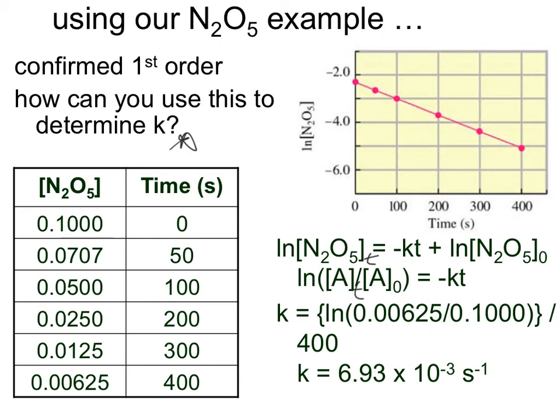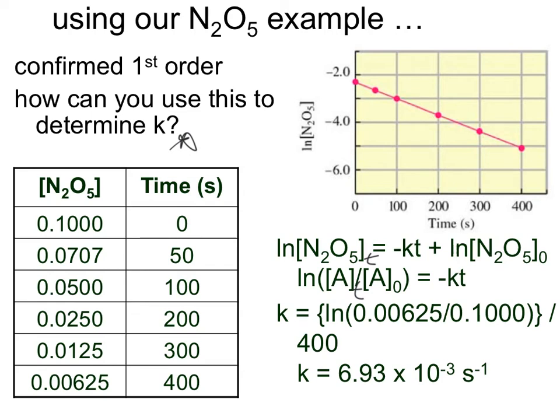We're going to find the concentration at the time in which we want to look. In this case, we're going to go all the way to the 400 second mark, using the entire row. We plug in the concentration at that time, and take the natural log of this ratio. Then we divide it by the time that has passed for that progression to occur, so from 0 to 400 seconds. 400 seconds is how long it's taken for it to occur.